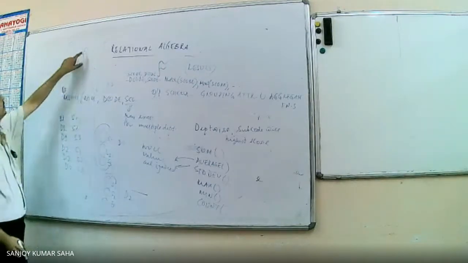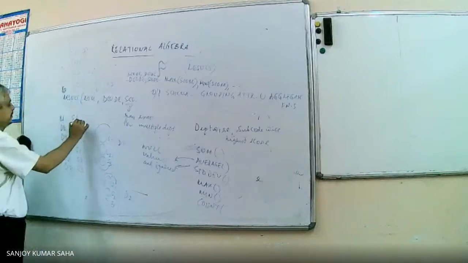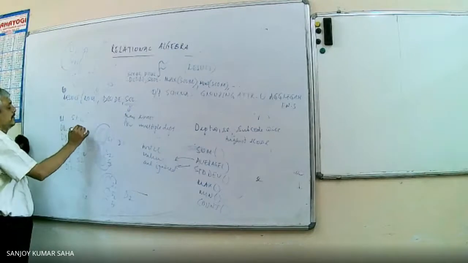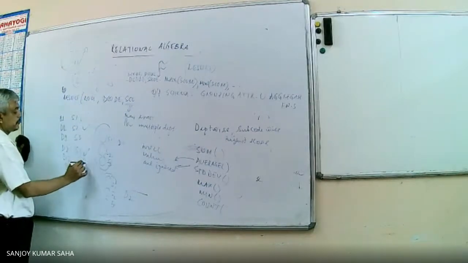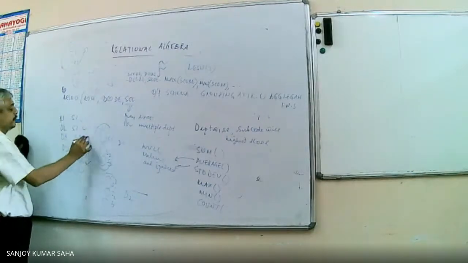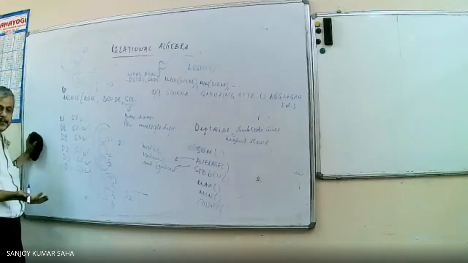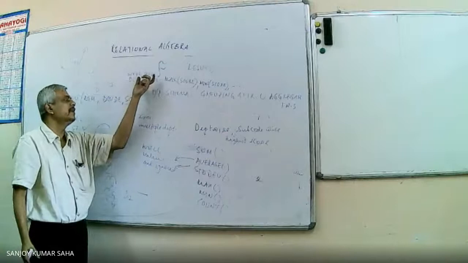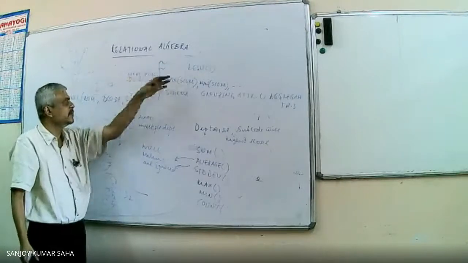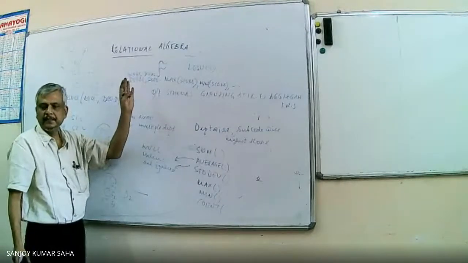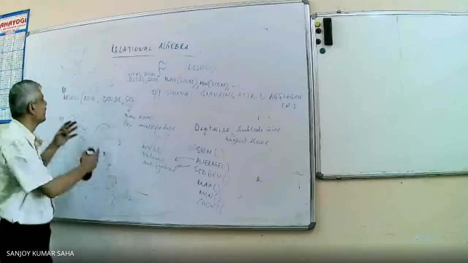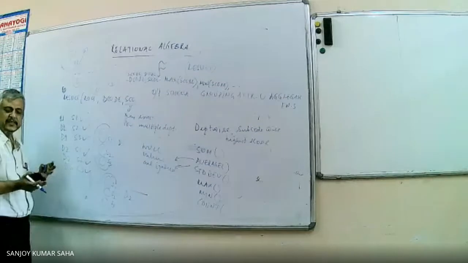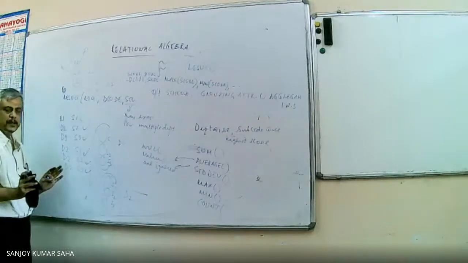So ultimately we'll be getting S1 D1, S1 D2, S2 D1, S2 D2, S3 D1, S3 D3. Same information we will be getting. So the ordering at the time of writing this expression doesn't matter. Their appearance in the outcome may change, but essentially we'll be getting the same information.